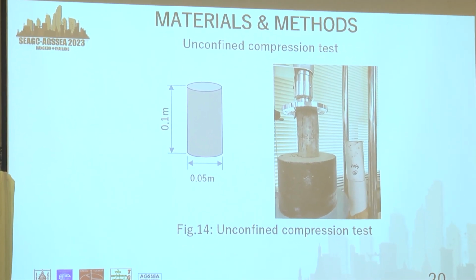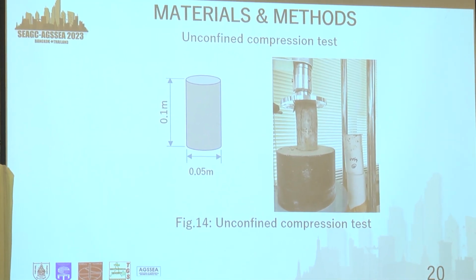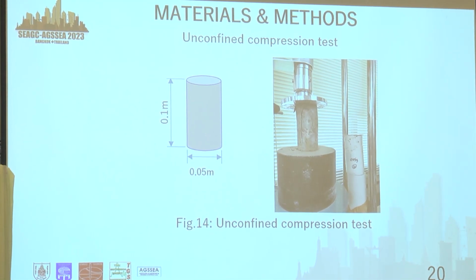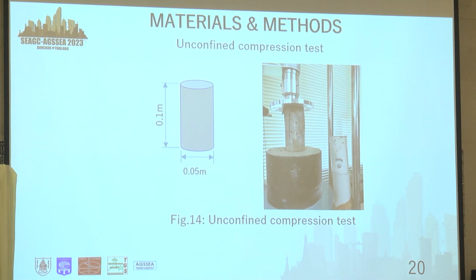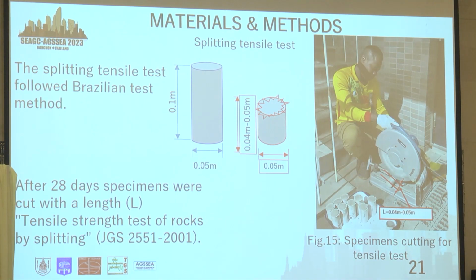For the unconfined compression test, this is the standard compression test performed with this dimension of the specimen. For the splitting tensile test, we apply the Brazilian method, cutting the specimen into two while respecting the length of 0.04 to 0.05 meter.